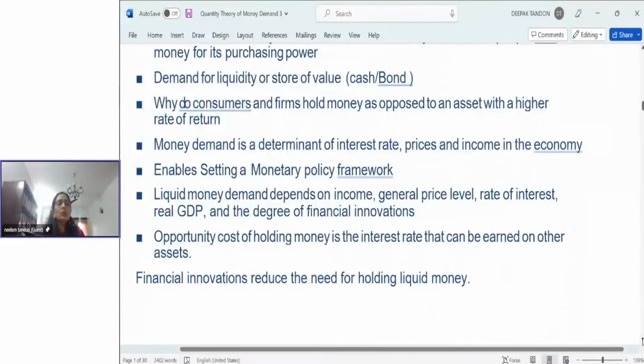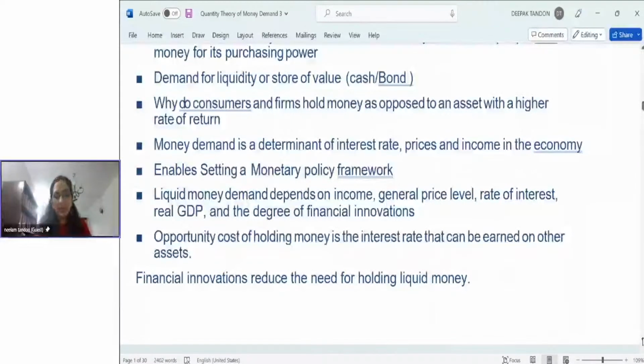So where were we? Demand for liquidity or store of value, I've told you. One interesting factor is that you can store value. We have shared two functions of money: one is transaction or exchange, and the other is store of value. Why do we say store of value for money? Because you want to save money for the future.